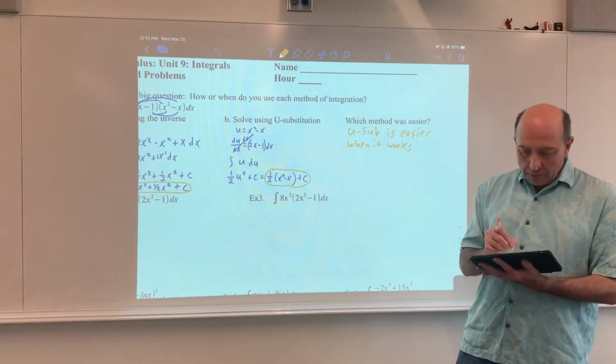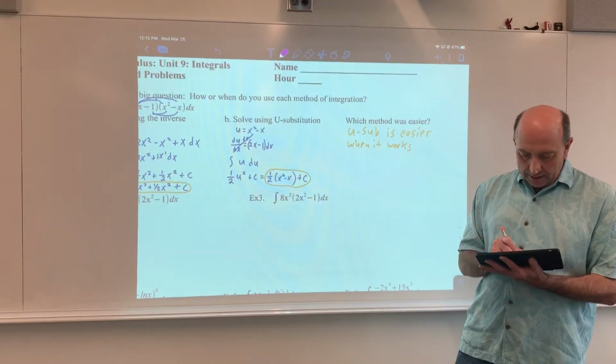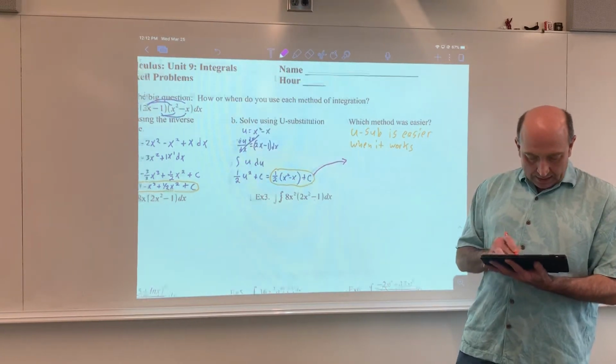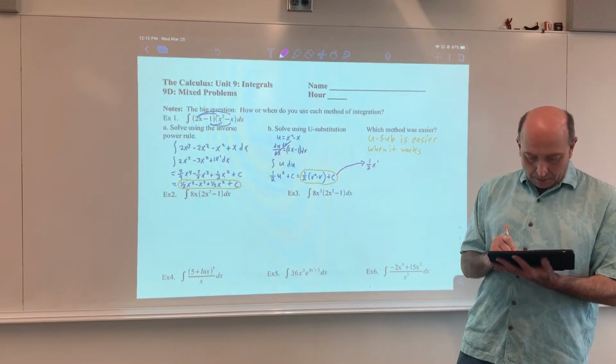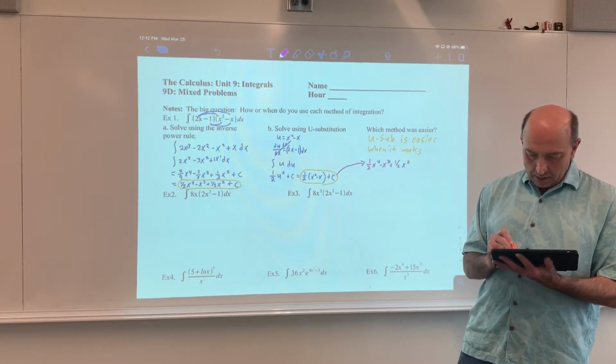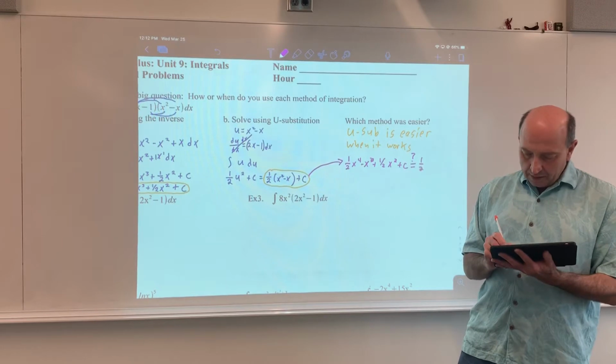Okay, now, I'm still a little curious if these two things are really the same. So is 1/2 x to the 4th minus x to the 3rd plus 1/2 x squared plus c, is that really equal to 1/2 x squared minus x?